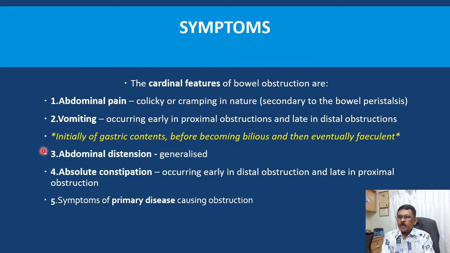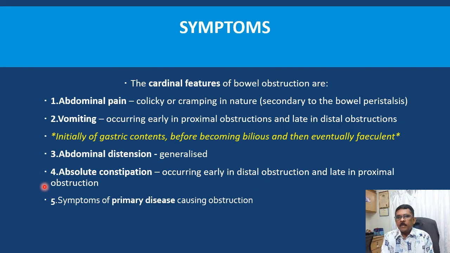Abdominal distension is another important symptom, and it is usually generalized abdominal distension and bloating. Absolute constipation, that means the patient is not able to pass stools, unable to pass flatus as well. This occurs early in distal obstructions and late in proximal obstructions for obvious reasons.